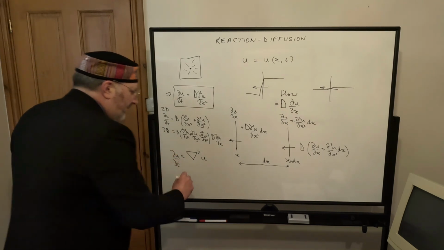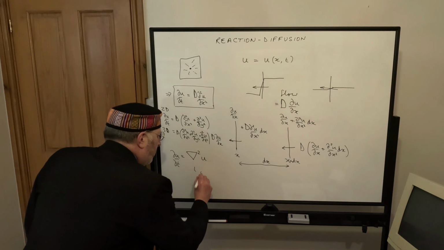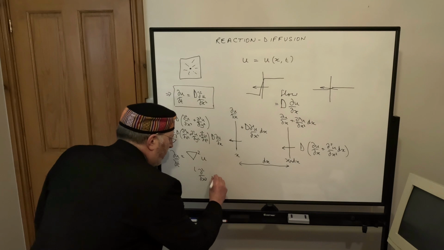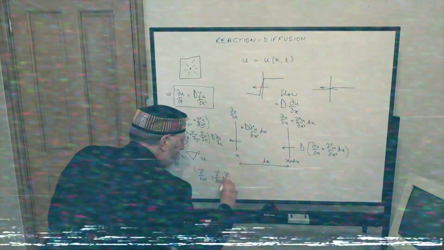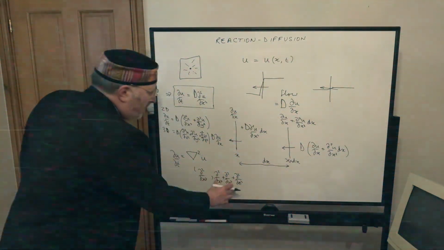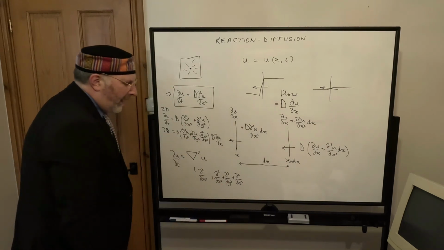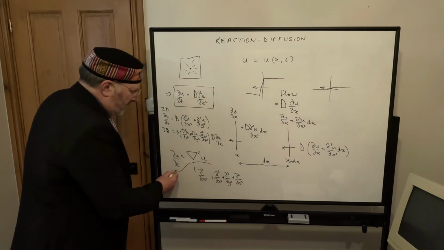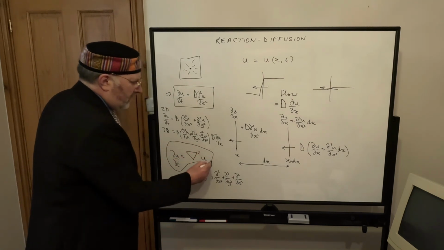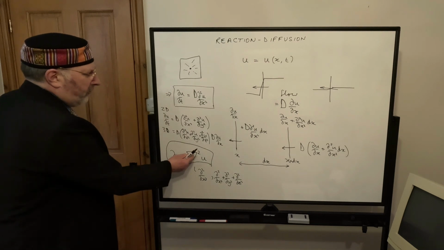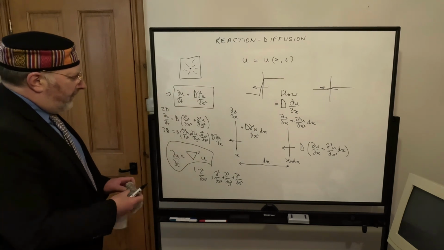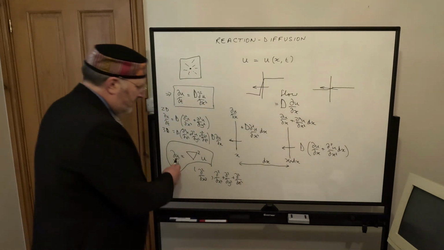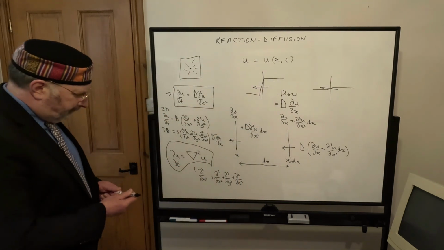So grad squared is, in 1 dimension, d2 by dx squared, and in 3 dimensions it is that, and 2 dimensions obviously just x and y. So that is another way of writing the diffusion equation using this operator, which I would pronounce grad squared, and that is the diffusion equation.